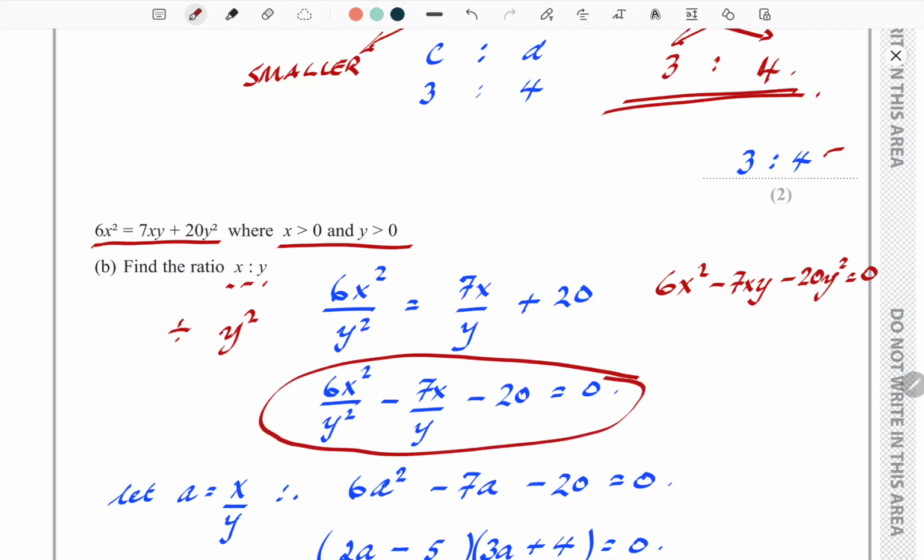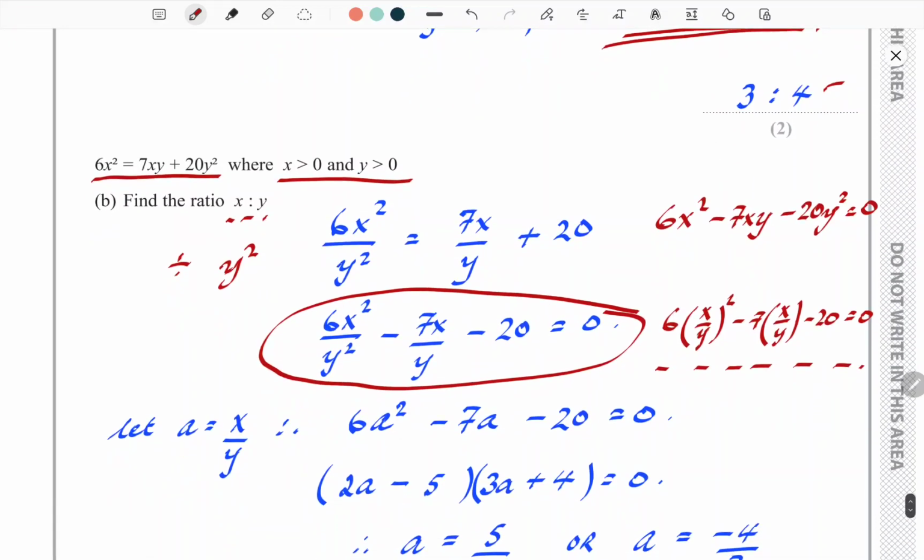And effectively you've got 6x squared over y squared minus 7x over y minus 20 equals 0. If we think of it as being 6 times x over y all squared minus 7 times x over y minus 20 equals 0, we can see that it looks like a quadratic.